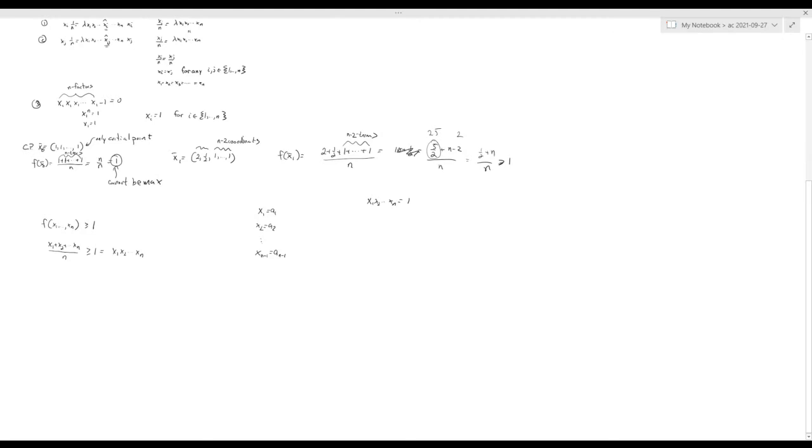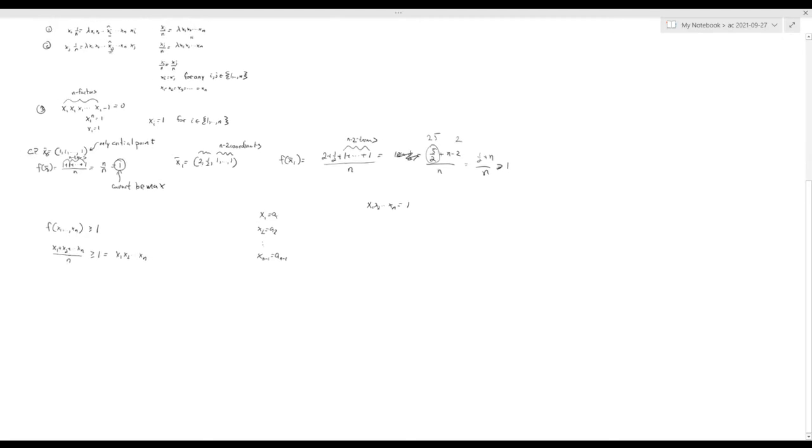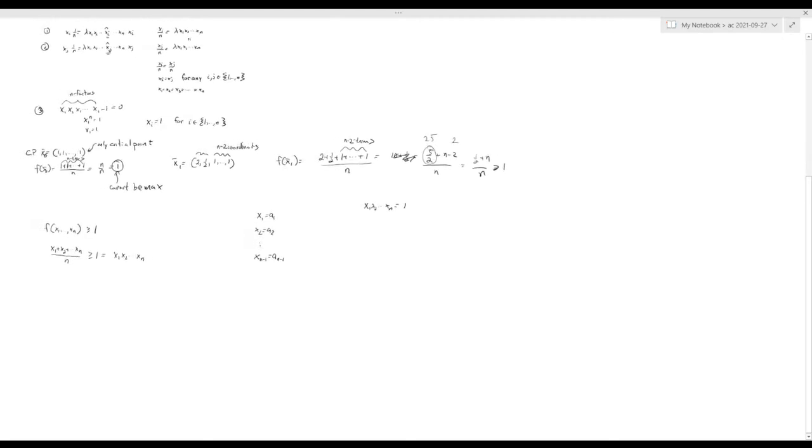It's not wrong, but how do I define it? Okay, I think I know. xi should be ai divided by the nth root of the product of all the a's.